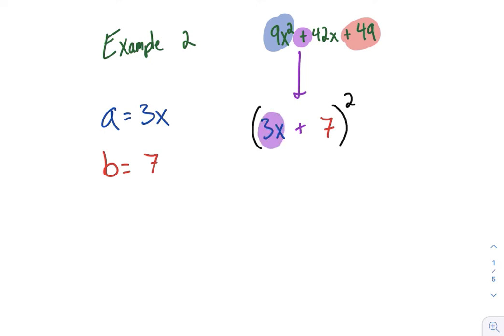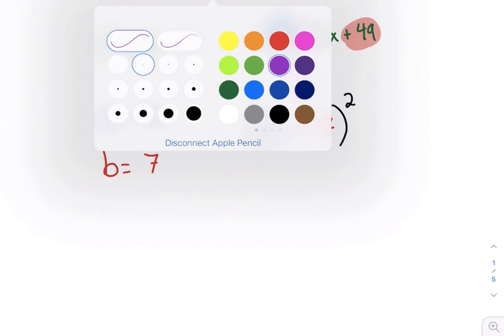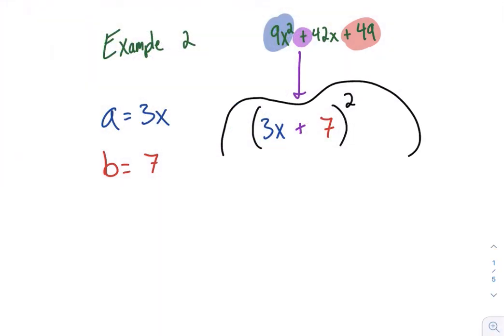So I multiply the a and the b. 3x times 7 is 21x, and then double it. Double 21 is 42, so 21x times 2 is 42x. So I have it. This is a perfect square trinomial, and my answer is a binomial squared, 3x plus 7 squared.